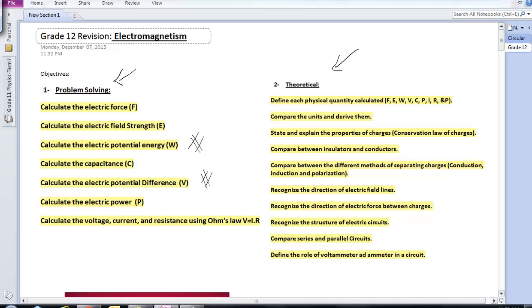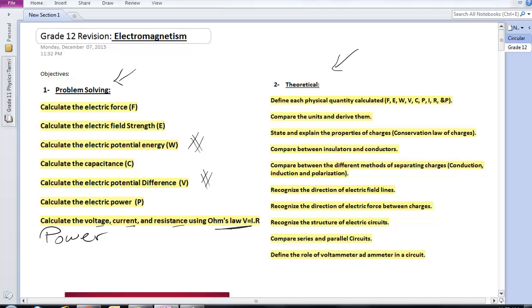Then you need to be able to calculate the capacitance and the electric power, and then to calculate the voltage, current, and resistance using Ohm's law. Finally, you need to be able to calculate the power. So these are the values that you need to be able to calculate in the problem solving part.